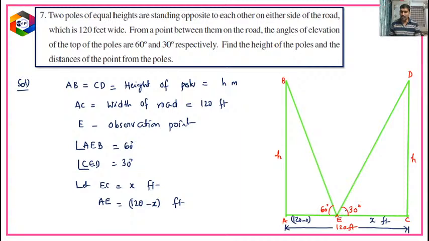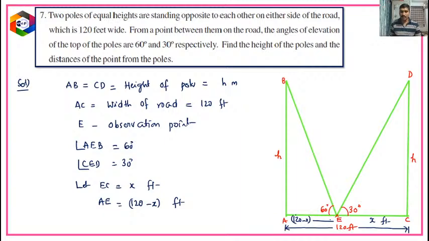Toward the 30 degrees angle of elevation tower, the distance I am assuming as x feet, since it is in feet. Then automatically the remaining distance toward the 60 degrees angle of elevation tower will be 120 minus x. Okay children.